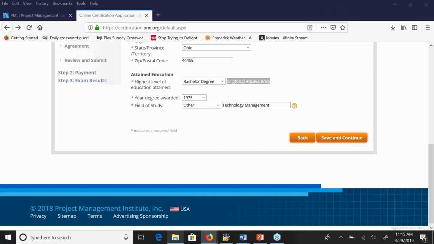If, by contrast, you have a high school diploma and never made it into the collegiate ranks, then you have to account for 7,500 hours of project management experience over the past 8 years. That's a lot. That's a pretty high hurdle to climb. So just kind of a heads up on that. That's why this actually matters.